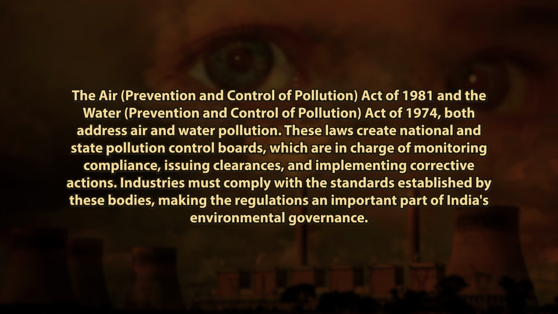These laws create national and state pollution control boards, which are in charge of monitoring compliance, issuing clearances, and implementing corrective actions. Industries must comply with the standards established by these bodies, making the regulations an important part of India's environmental governance.